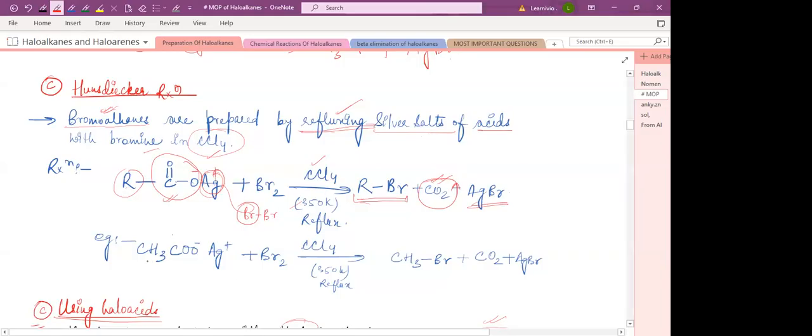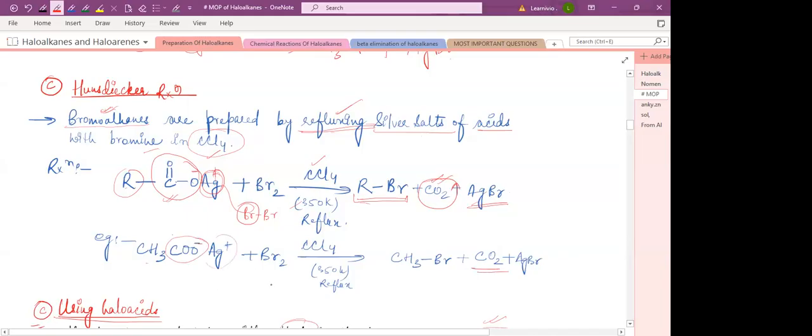Suppose we take CH3COO minus Ag plus. We know the metal gets a positive charge, so the oxygen gets a negative charge. Again the same mechanism: the COO is removed as carbon dioxide gas.